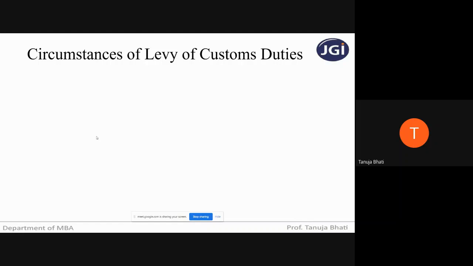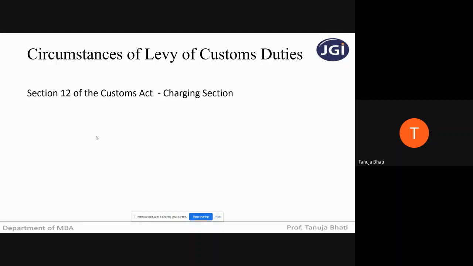Now, what is the meaning of circumstances of levy of customs duty? It is the circumstance in which you are going to levy the customs duty. First you need to understand that there is Section 12 of the Customs Act 1962, which is the charging section.